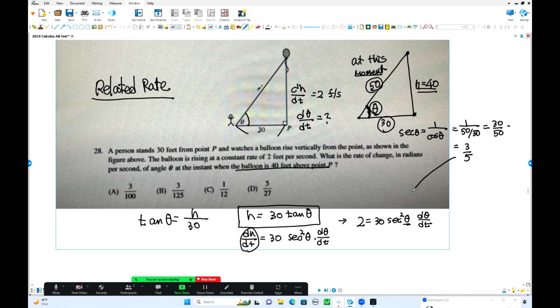So from here, 2 equals 30 times secant squared, which is 5 over 3 squared, times d theta/dt. We're going to find d theta/dt.